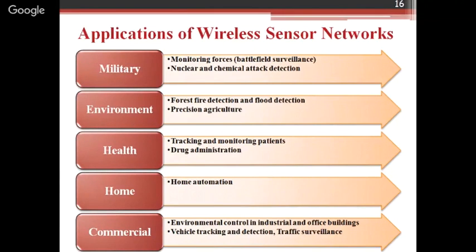Home automation comes under the second category of wireless sensor networks, where there is static routing and no dynamic routing. They can also be used from a commercial point of view: environmental control in industrial and office buildings, vehicle tracking and detection, and traffic surveillance. So there are plenty of applications of wireless sensor networks. Some of them, I think, you have seen in your daily life. That's where the WSN is used.